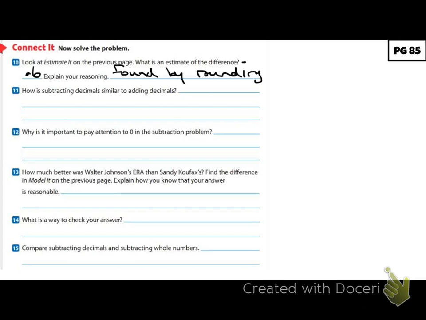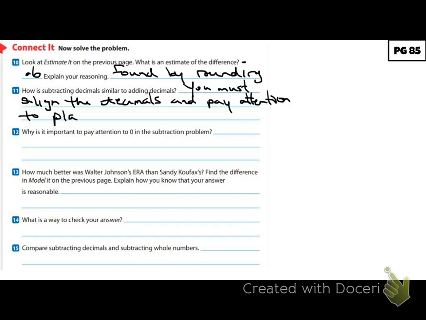Well, you must align the decimals and pay attention to place value.